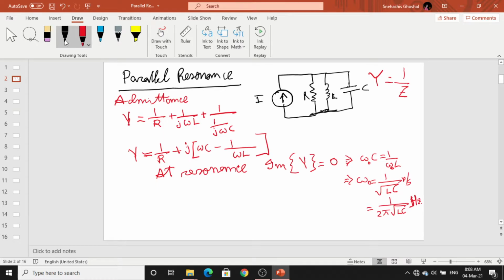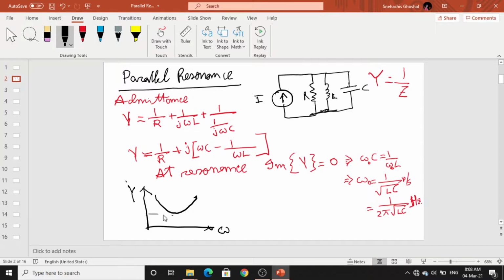Okay, now what happens in a graphical manner if I want to represent the admittance as a function of frequency? What happens is that with increase in frequency, first you see from this diagram, first admittance decreases, and after the resonance point it again increases in the reverse way.